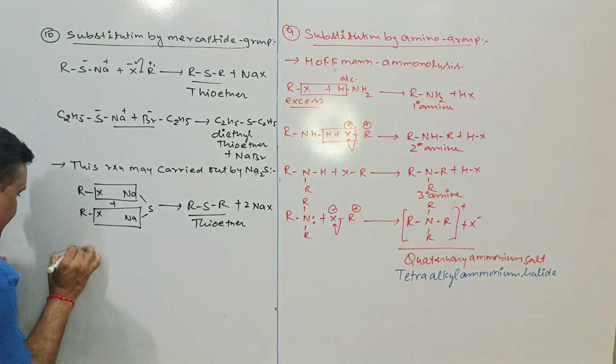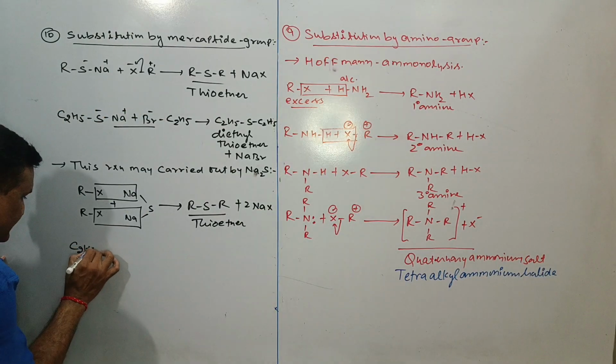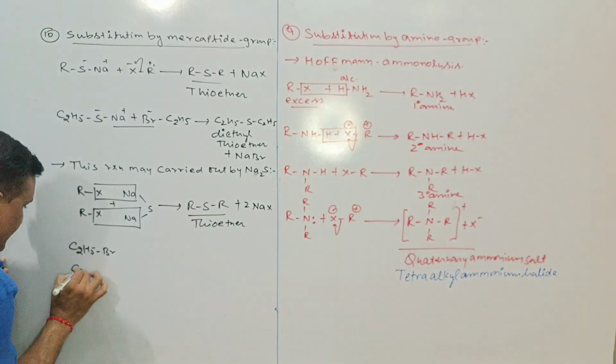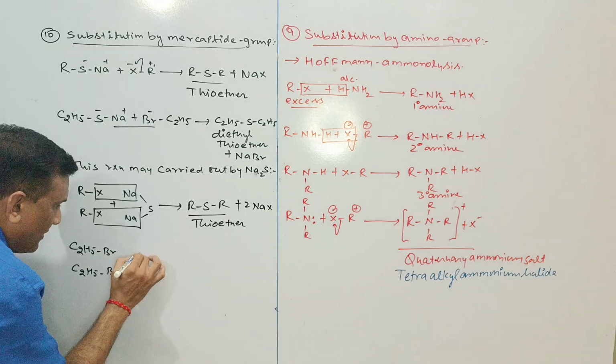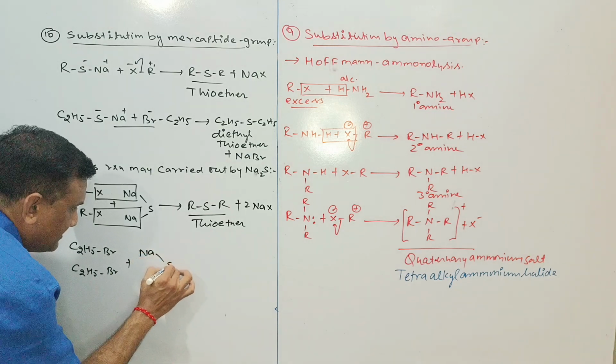If I go with the example C2H5, this is the Br, C2H5, this is your another molecule on reaction with Na2S.